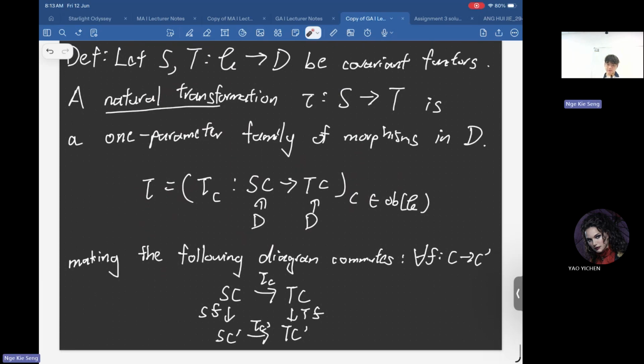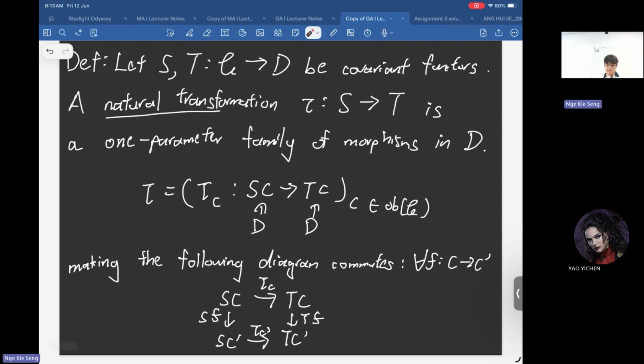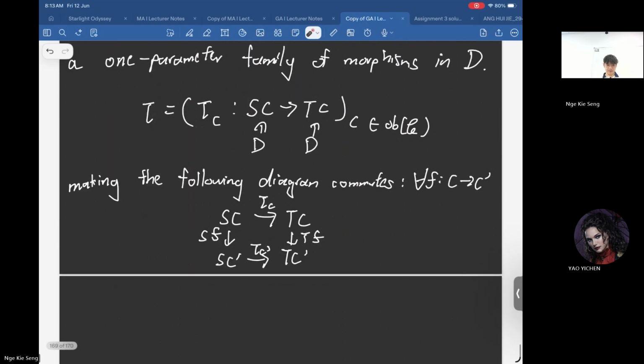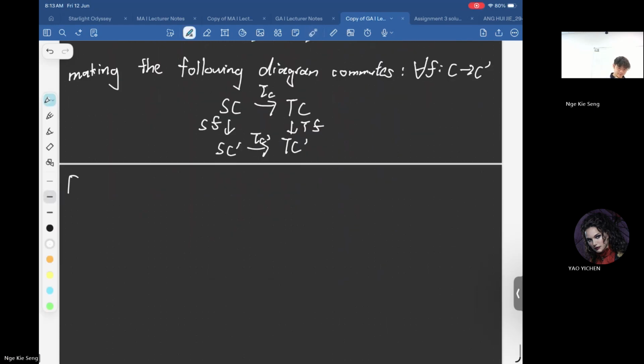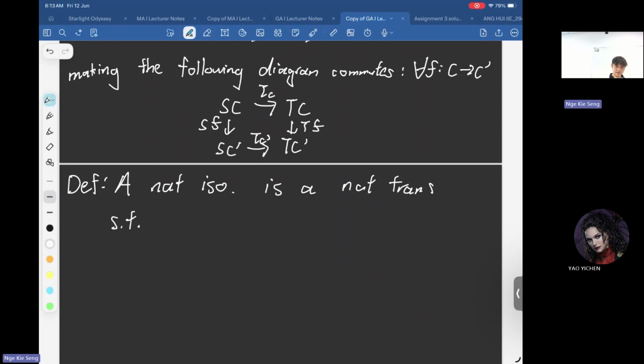The abelianization of pi1 is a natural transformation, meaning if you have a morphism in space, it will commute with this induced map. So let me write down: a natural isomorphism is a natural transformation such that all tau C is an isomorphism.